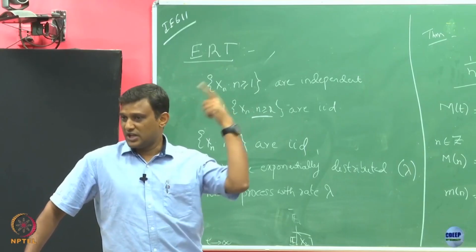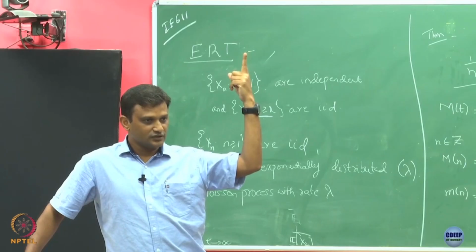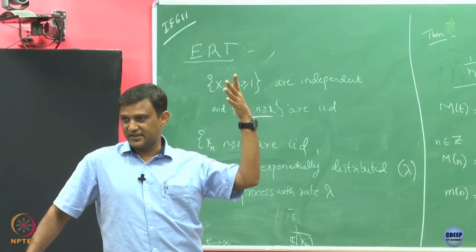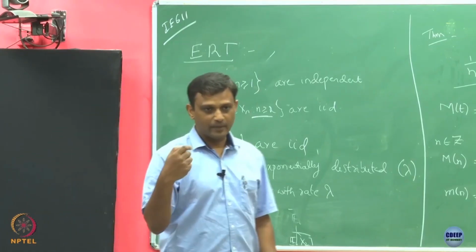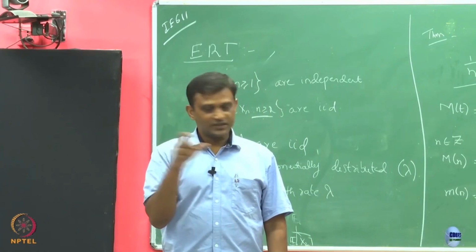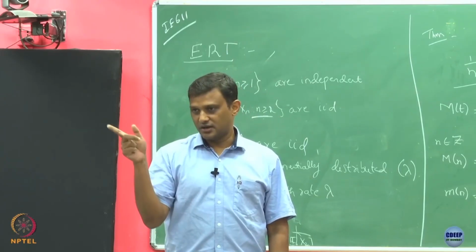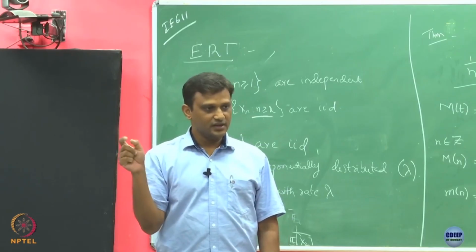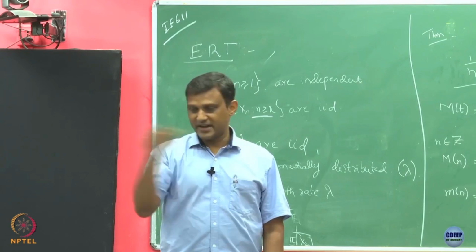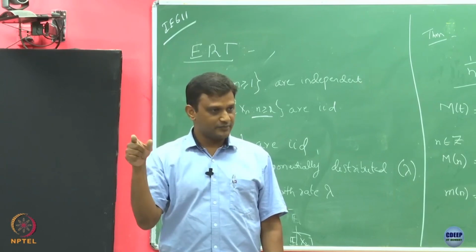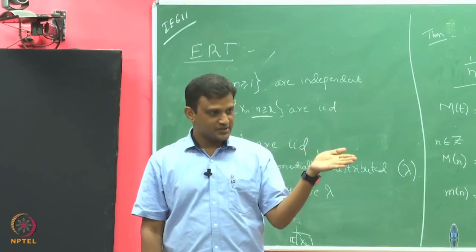In that way the Poisson process is actually a continuous time process. For example, we said that when you guys enter the class, one guy came, that is the first count, after some time a second guy came, that is the second count, and after some time a third guy came, like that. So you are not coming at discrete times, you are coming at any time. So the Poisson process is a continuous time process.